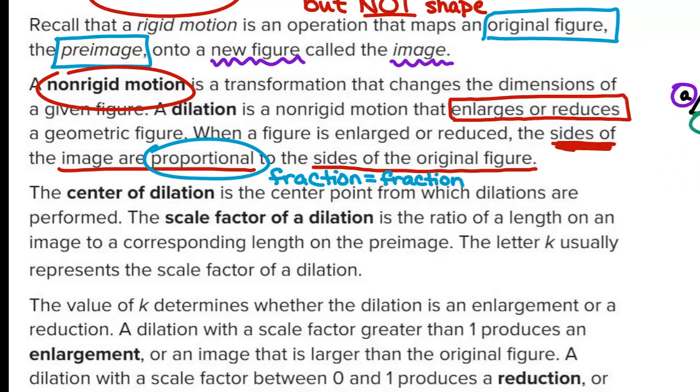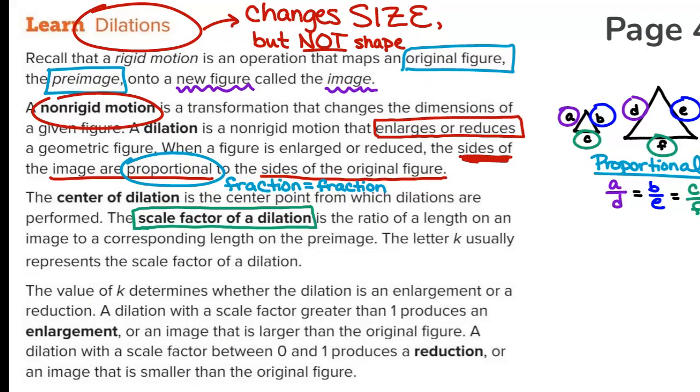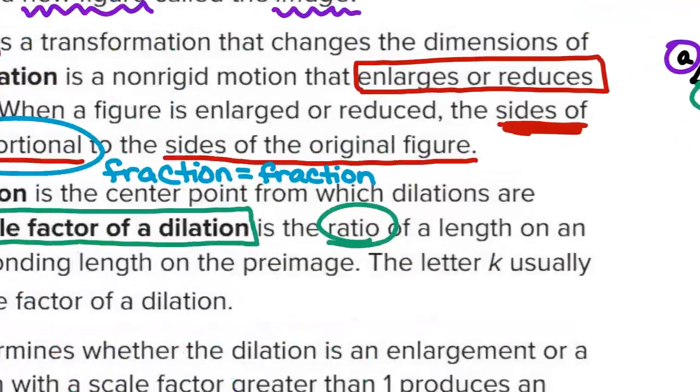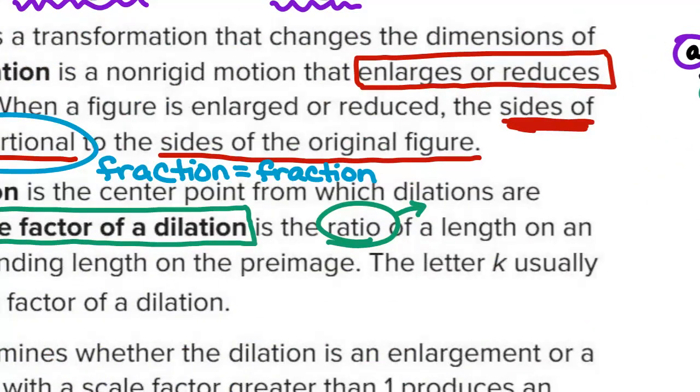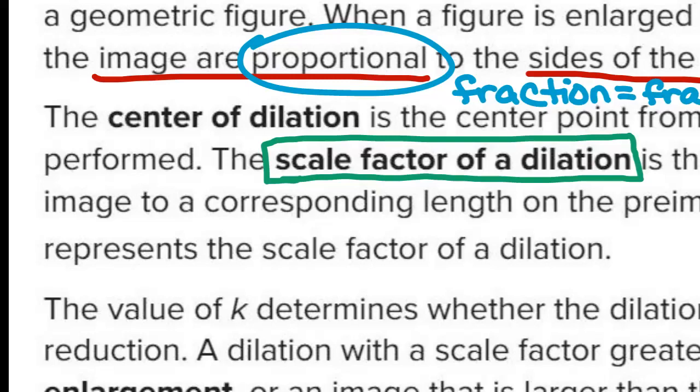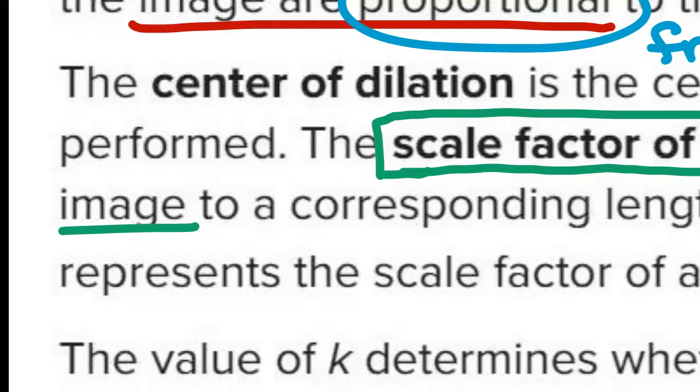How much we're changing the size of our original figure is called the scale factor. This is the ratio, that's another word that means fraction again. This is the ratio of the length on an image. Remember, that's my new figure.